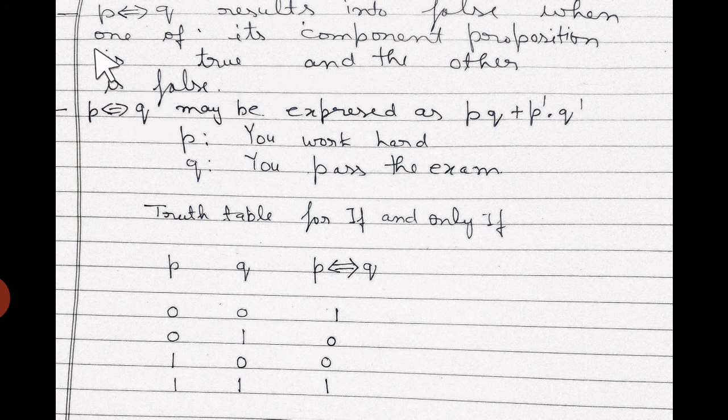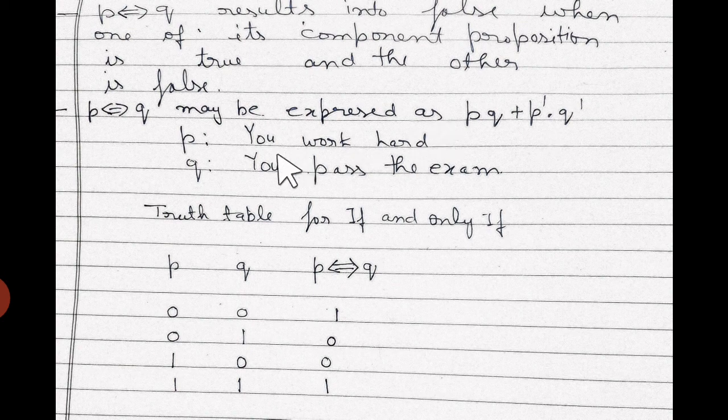So whenever the truth values of two propositions are the same, the biconditional will produce true, and whenever the truth values of two propositions are different, the output will be false. P biconditional Q may be expressed as PQ, or P dot Q plus P dash dot Q dash. This is a way of biconditional elimination that we'll discuss in future videos.